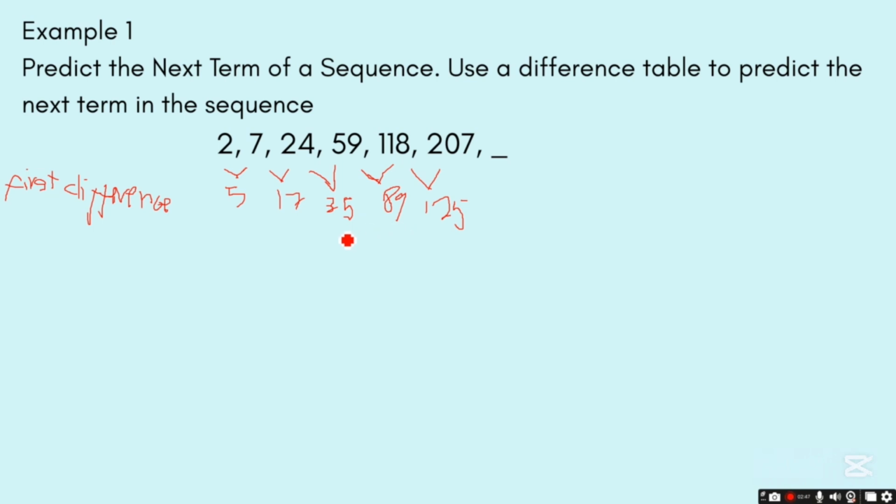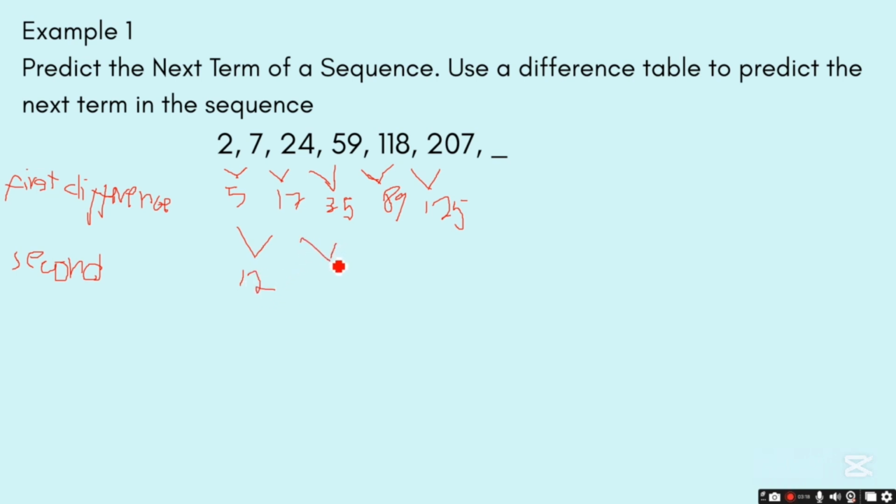So in this case, they are not the same difference or not equally different. So we need to find the second difference. 17 minus 5 is equal to 12.